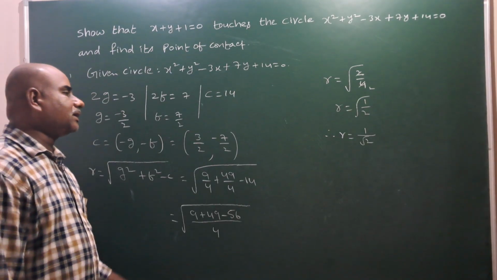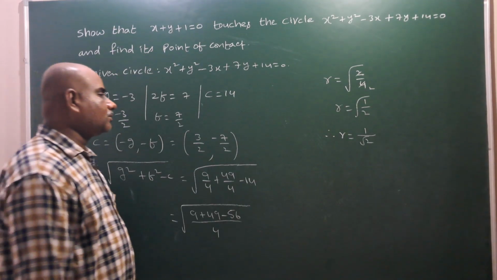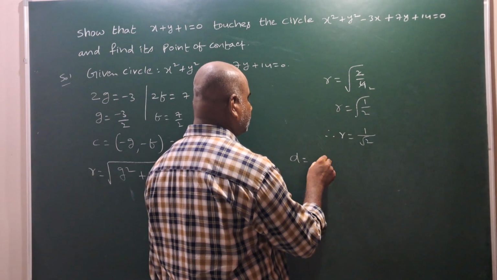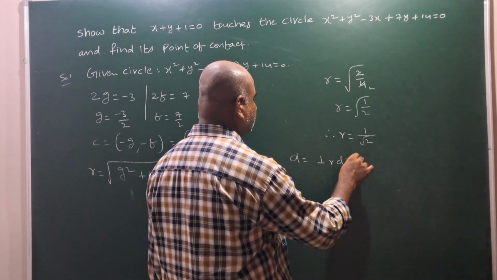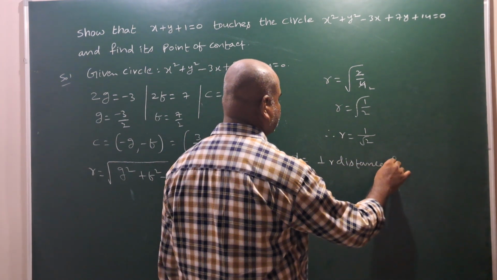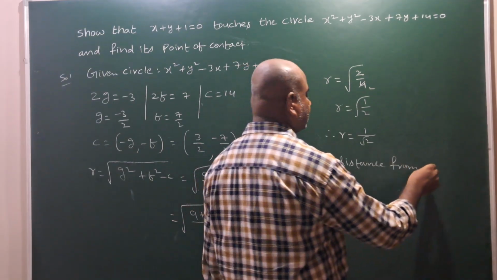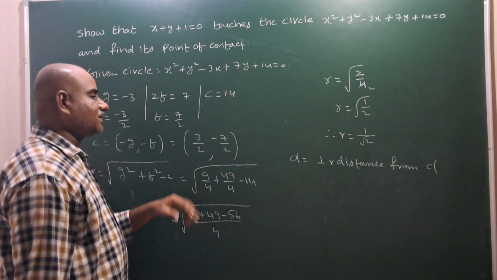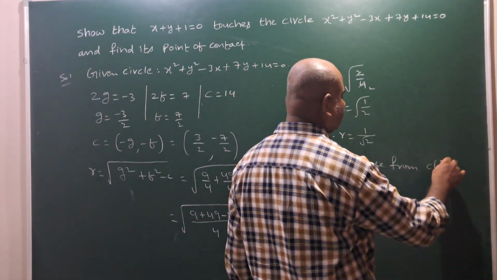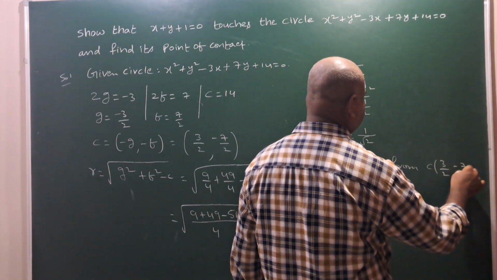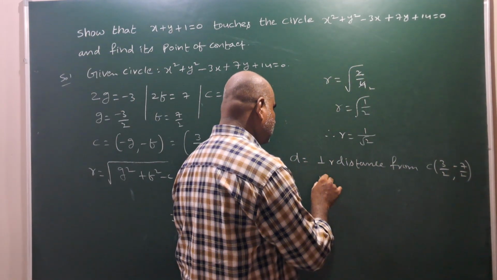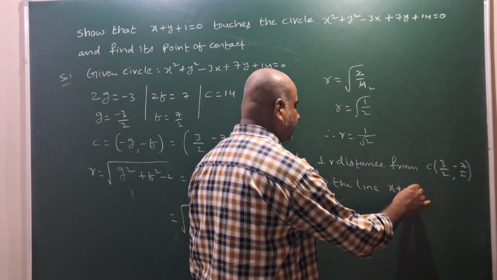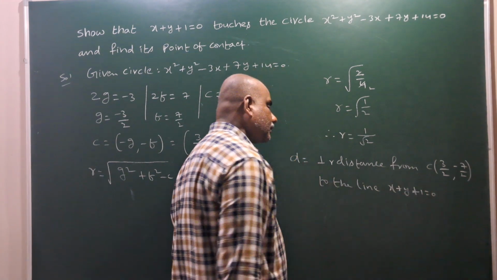Next we have to calculate the perpendicular distance from center to the given straight line. d is the perpendicular distance from the center, (3/2, −7/2), to the line x + y + 1 = 0.